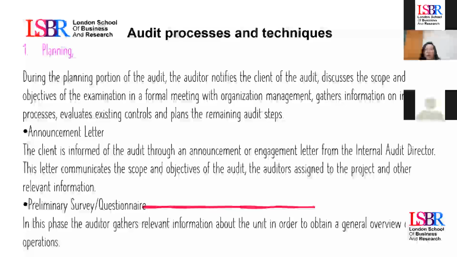For that reason, the external auditor prepares an announcement letter that considers the scope of the audit, the kind of reports that the auditor is going to deliver, and the fees that the audit firm is going to charge. And when the announcement letter is signed by the external auditor and the client, the auditor can start his work.